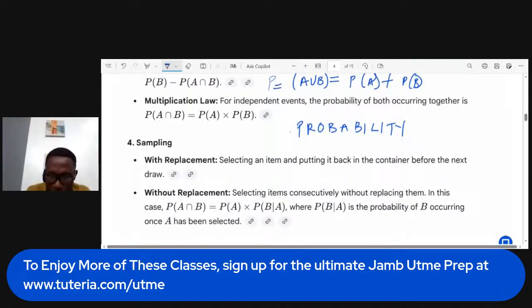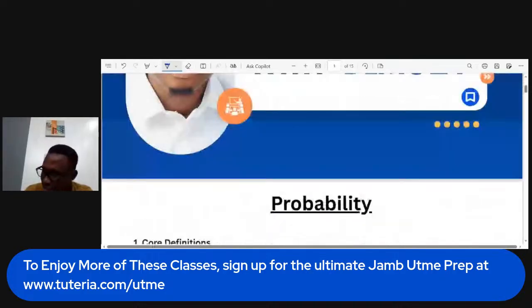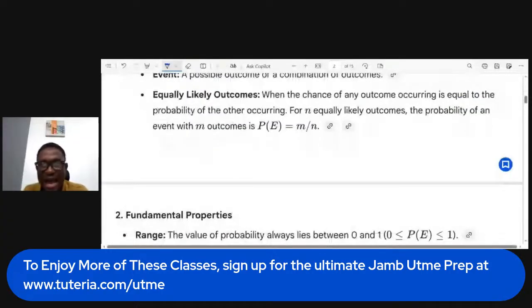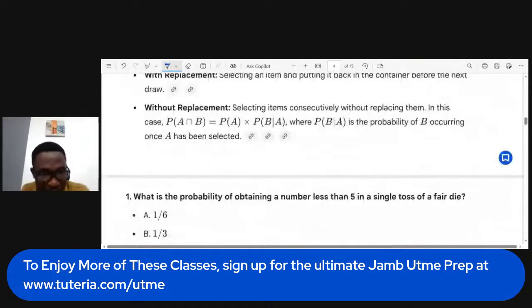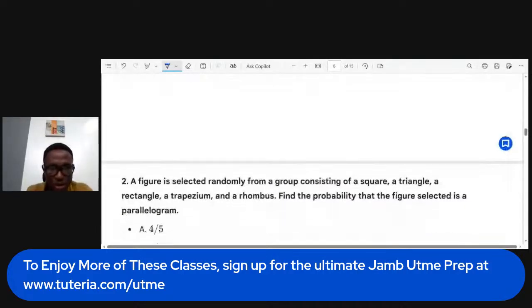Let's go back to our formula. P of E equals M over N, where M is the number of required outcomes and N is the total number of possible outcomes. Let me write it down so that we can understand better.